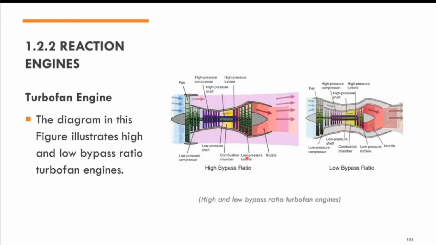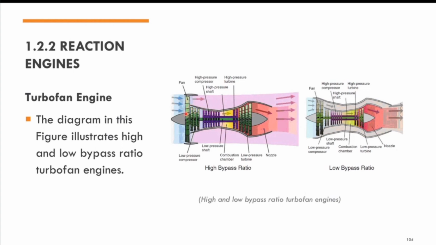In a typical schematic diagram of a high bypass ratio engine, you can see that 60 to 70%, or maybe 80%, of the incoming air will be flowing outside of the engine, not going through the core of the engine. This is the core of the engine in the middle part.